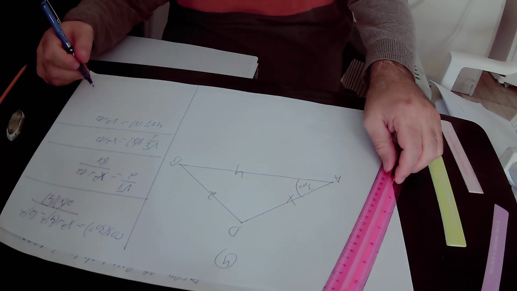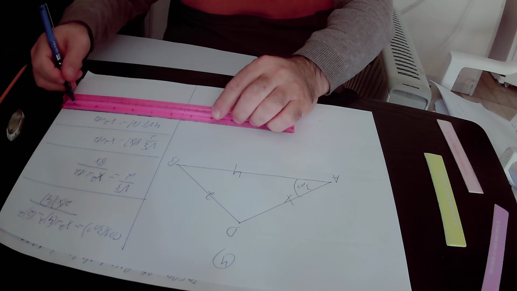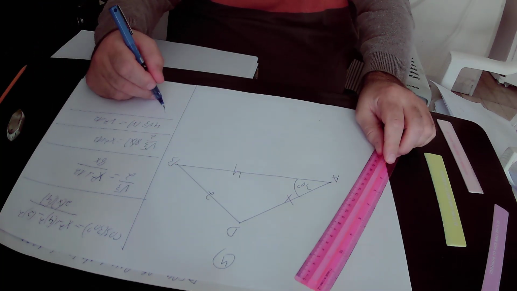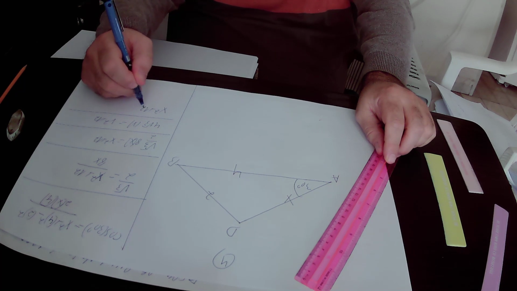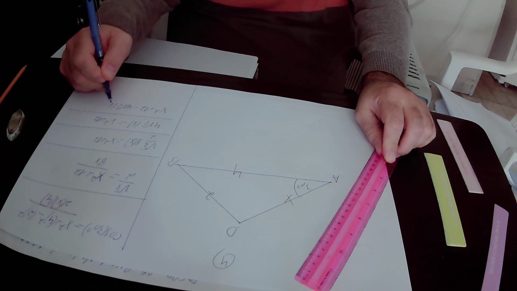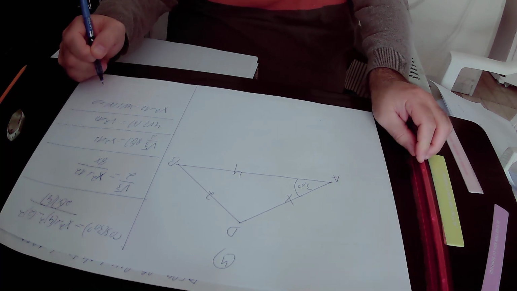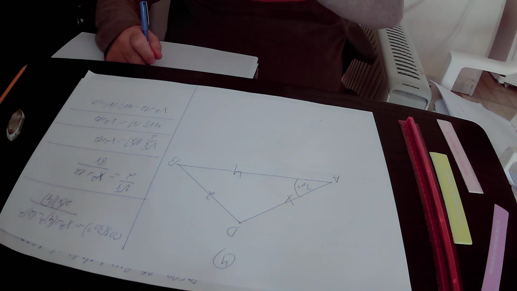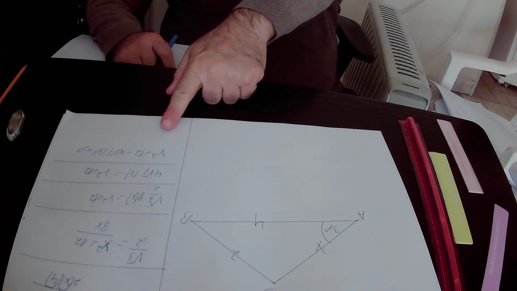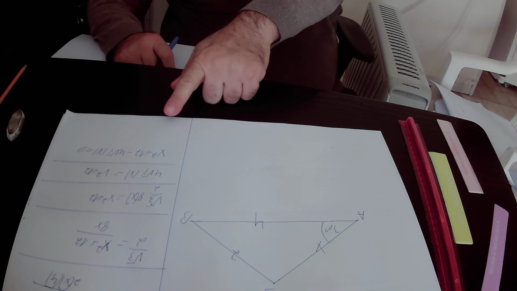We will subtract 4 times square root of 3 times x from both sides, and we get x squared plus 12 minus 4 times square root of 3 times x equals 0. Here we will substitute 12 by 2 times square root of 3 squared, since that equals 12.